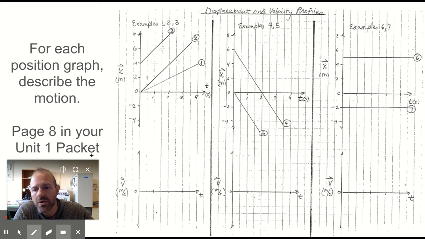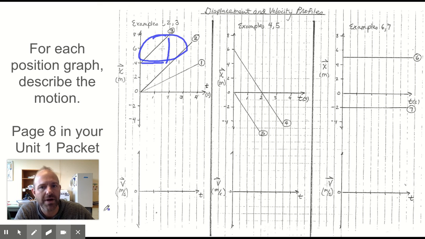If we've got a particular distance traveled in a particular time, you're really looking at the slope of this graph to find that. For number 3, you're going 4 meters in 2 seconds, so that's going to be a speed of 2 meters per second. And that's for number 3.